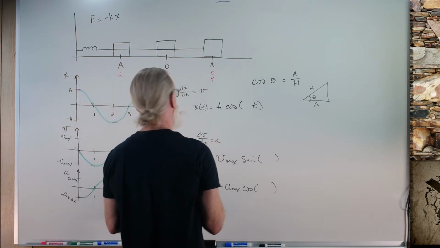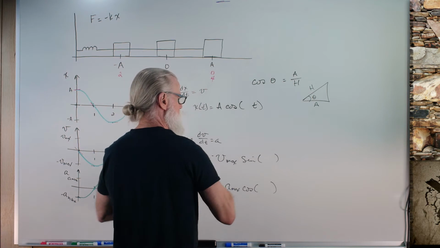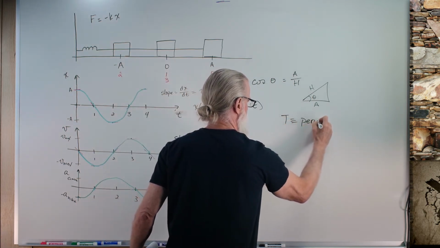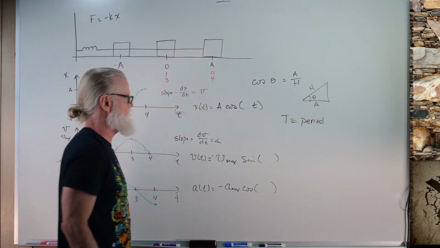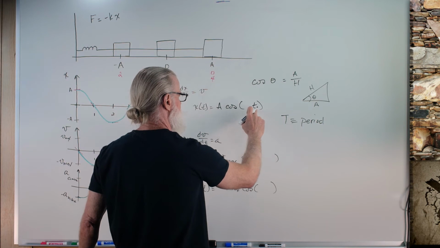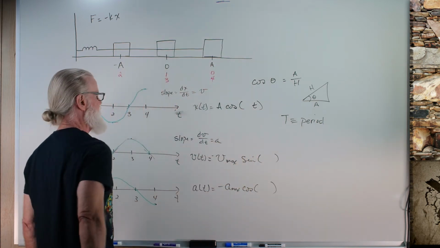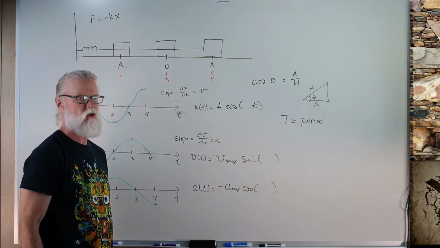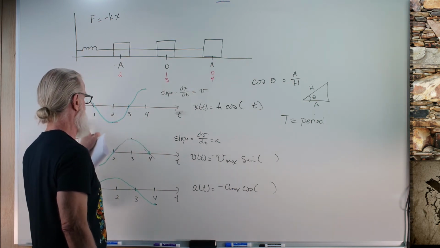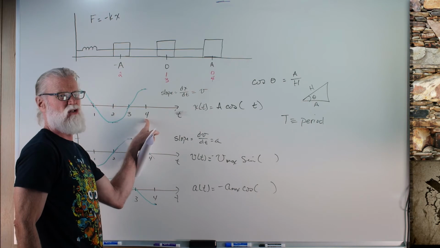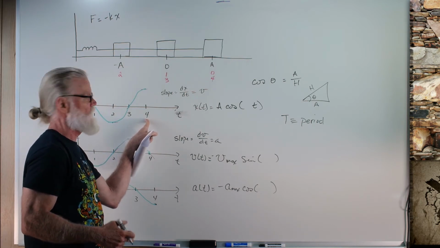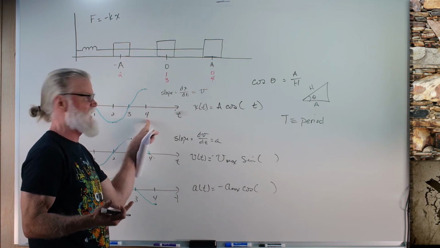When t equals capital T, the period, this argument has to equal 2 pi radians, right? Because if this is a cosine function, it's made it 2 pi radians, one full circle around, or 360 degrees, but we're not going to be using degrees.